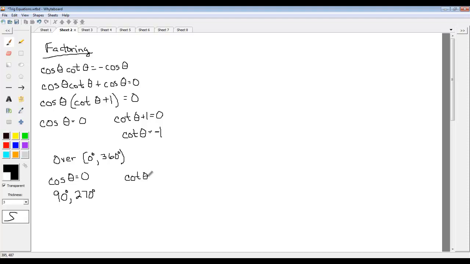Cotangent theta equals negative 1 over that interval at, let's see here, 135 degrees and at 315 degrees. And that's all the values that work over that particular interval.